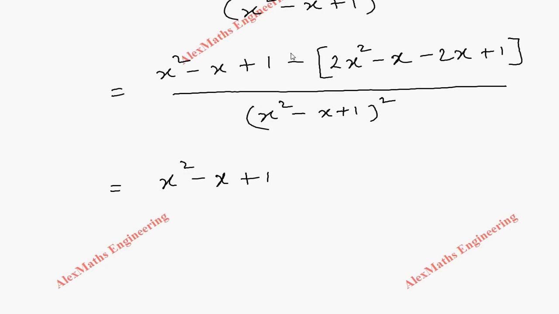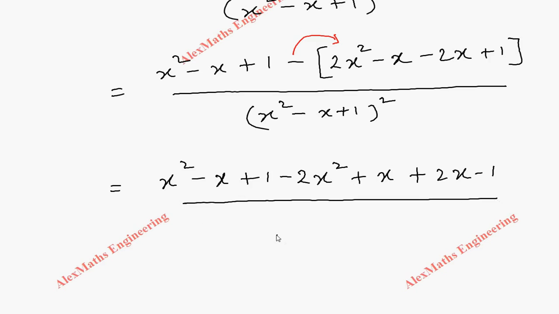When I remove this bracket, all the terms will become negative, that is the opposite sign, because we have a negative sign outside. So minus 2x square, and this will become plus x plus 2x, then minus 1, whole divided by x square minus x plus 1 whole square.